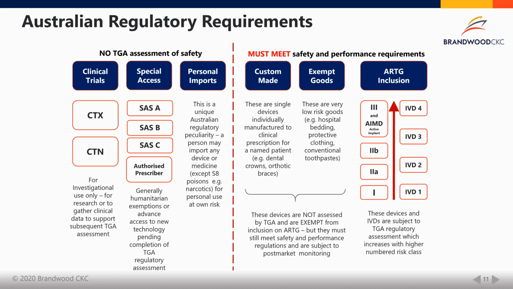As you can see, the amount of work required increases as you go up in the classification. IVD is also there. IVD is in vitro diagnostic, which are things like pregnancy tests and urine tests of some sort. So they are also classified in 4 tiers, and you can see that their risk increases the higher the classification goes.